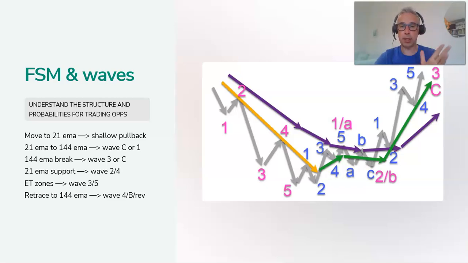So here is a schematic, right? Orange and green is 21 EMA, purple is that 144 EMA. And this is how I try to understand the wave patterns and the Elliott wave theory better, how I try to understand the markets quicker and cleaner, right?